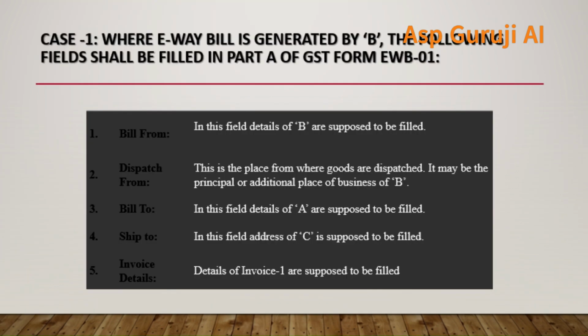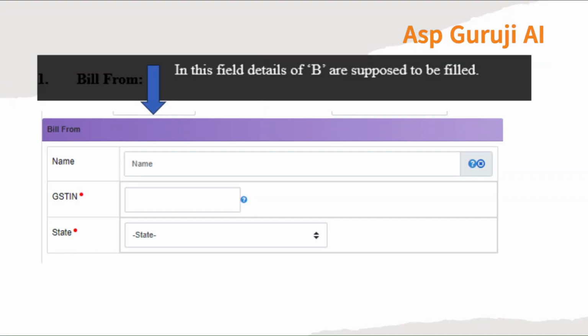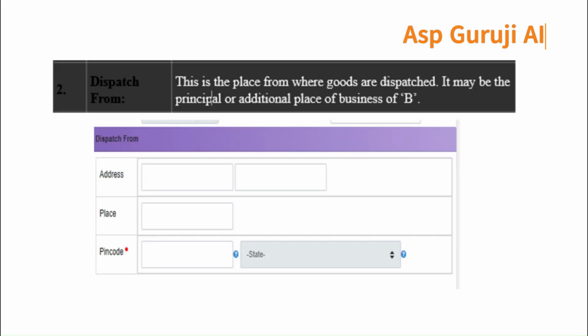Case 1, where the EWAY bill is generated by B, the following fields shall be filled in Part A of GST Form EWB-01. First, bill from. In this field, details of B are supposed to be filled. Second, dispatch from. This is the place from where goods are dispatched.